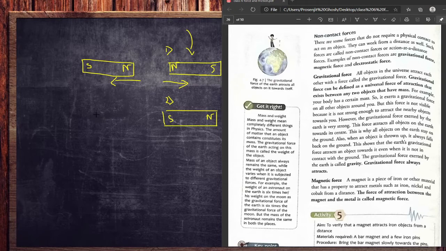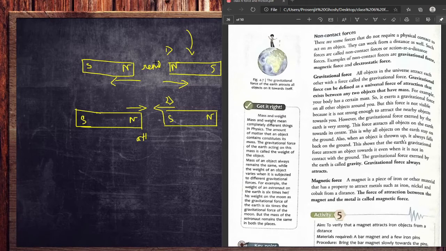And in the next arrangement, where S and N, that means north pole and south pole, are in front of each other, attraction will happen. And whenever attraction happens, a force is also there. The difference is that this is the attraction force and this is the repulsion force. But both are non-contact forces, and that is all about the magnetic force.